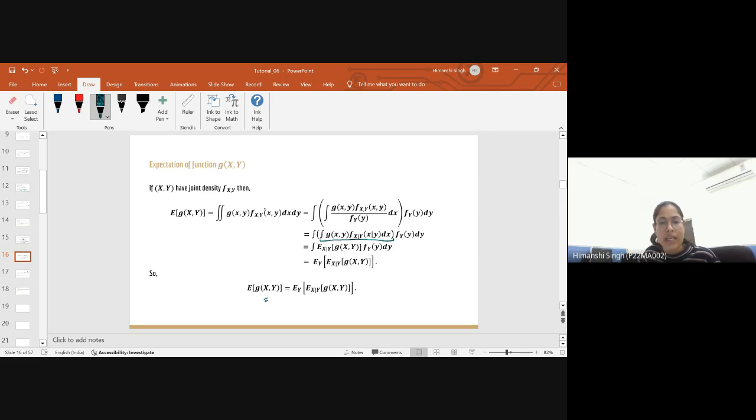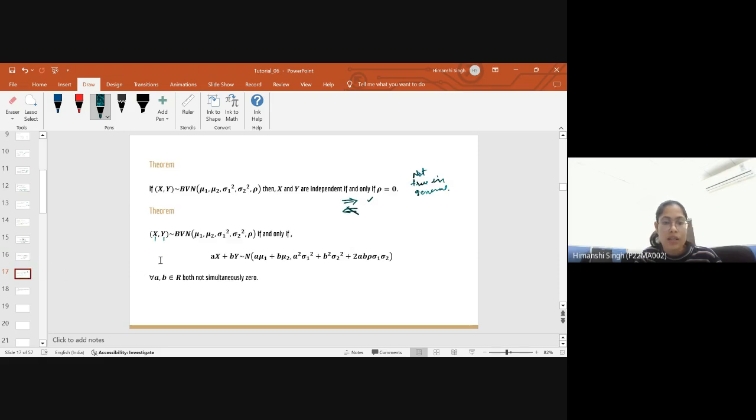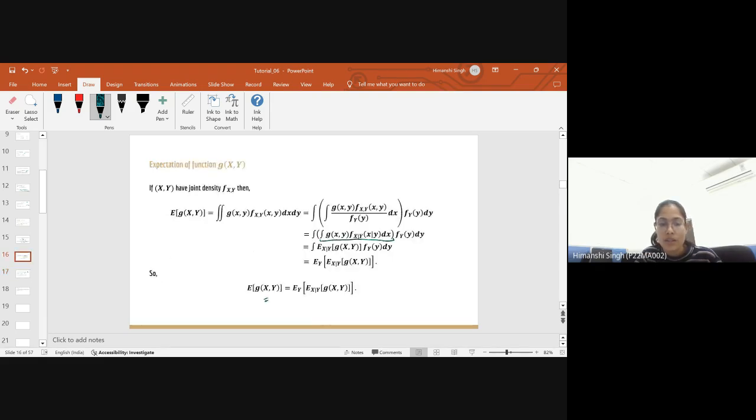Otherwise, we will directly calculate the expected value of this function of random vector. It will always depend upon the information which we have, and we will apply the method accordingly. These are all the concepts which we have already studied in the week 6 lectures. If any one of you has any doubt in these, you may ask.